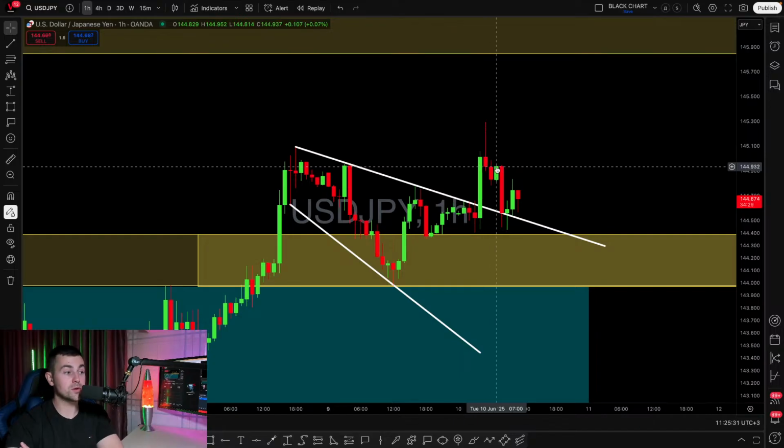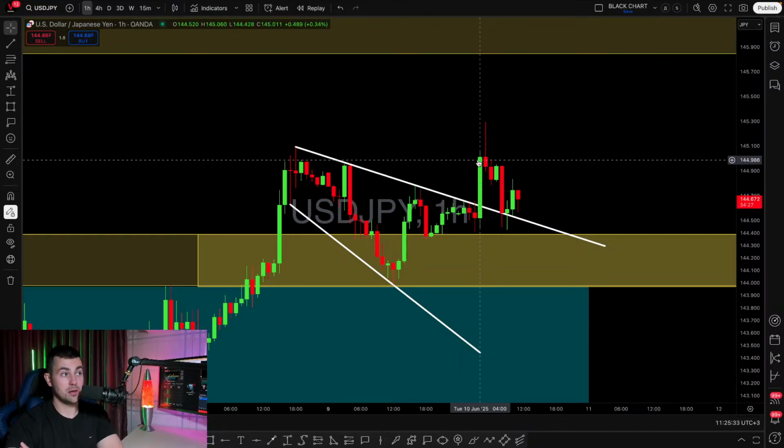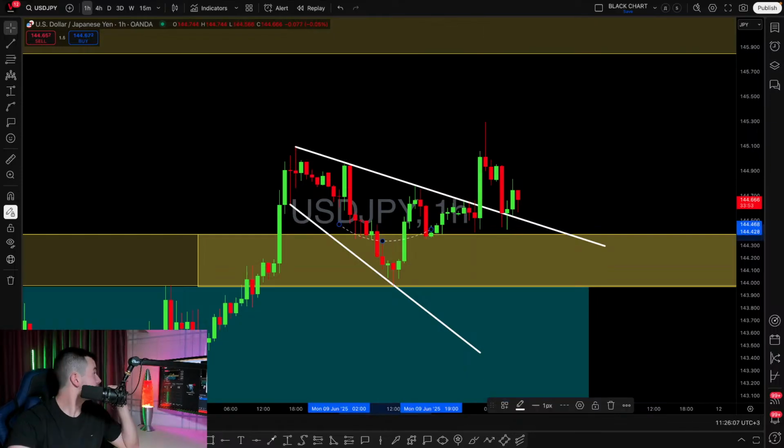Its resistance was violated. Yes, with this strong bull... Connection dropped. Yeah, connection dropped. It should stabilize now.